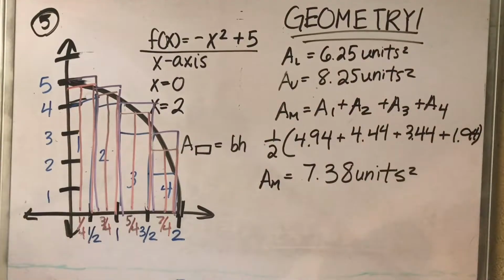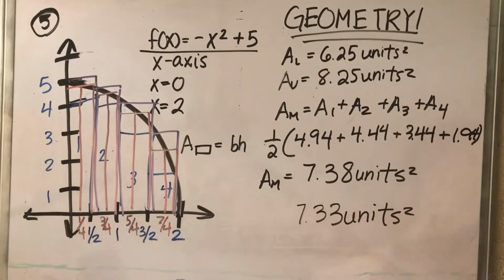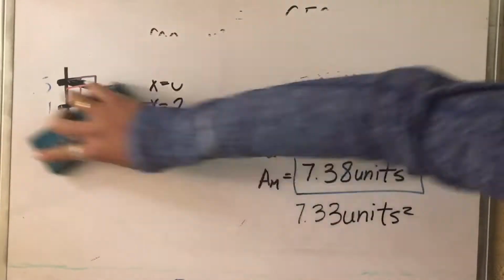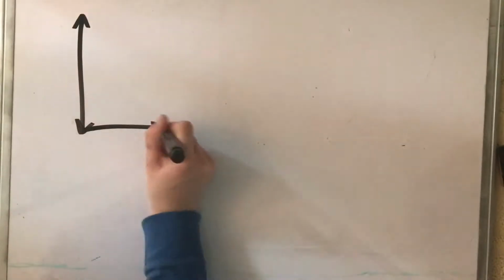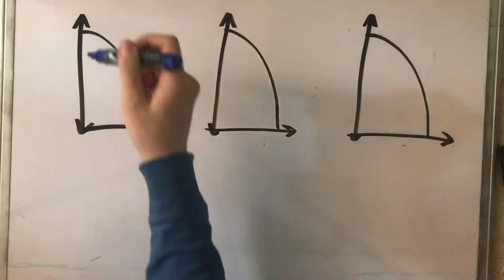We find the area to be 7.38 units squared. This number represents a more accurately estimated area under the curve. We can prove this by plugging it into a calculator and finding the actual area to be 7.33 units squared. So, to summarize, we have just showed you 3 different types of approximations to estimate the area under the curve.